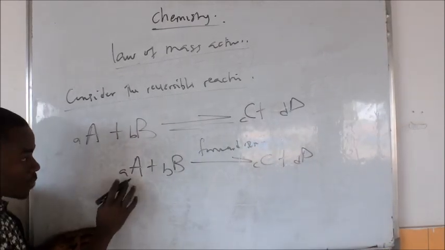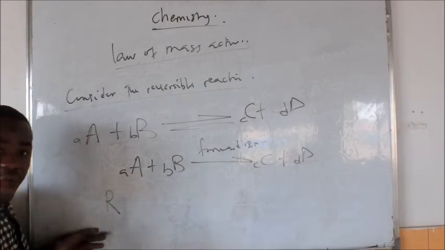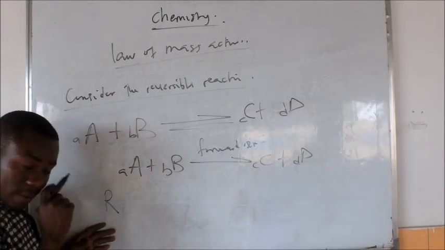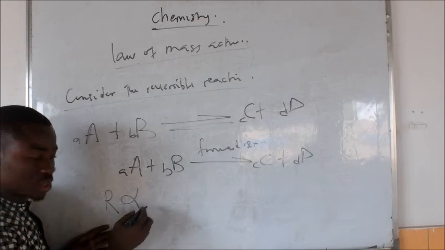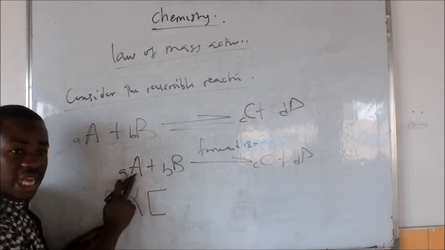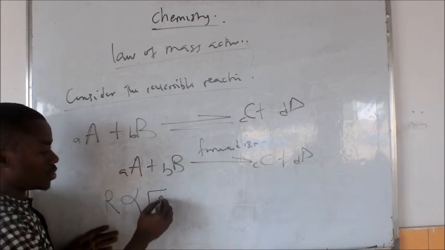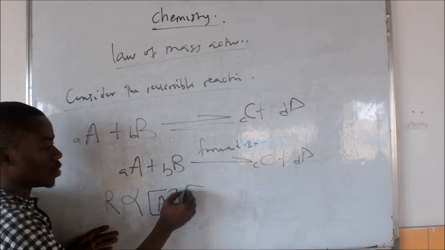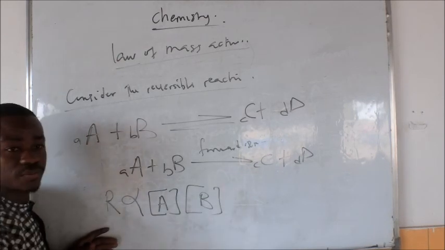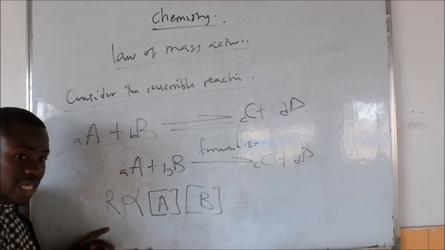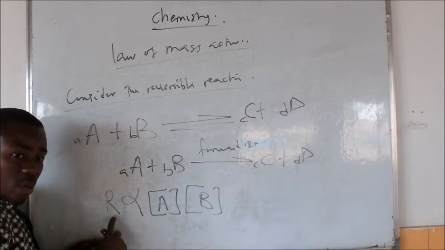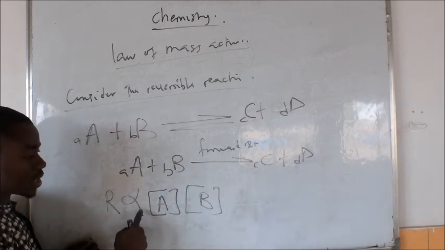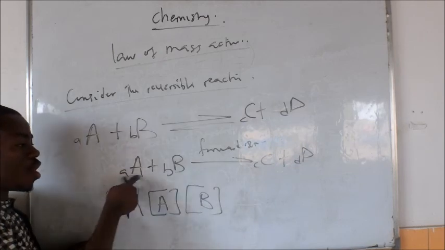According to law of mass action, the rate of chemical reaction, denoted R, is directly proportional to the product of the reactants.